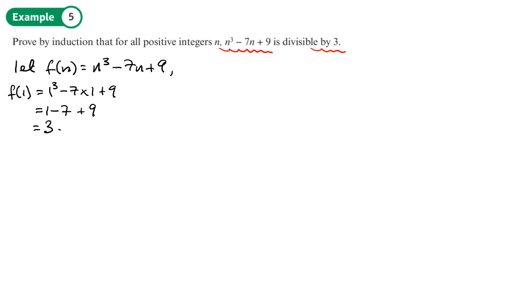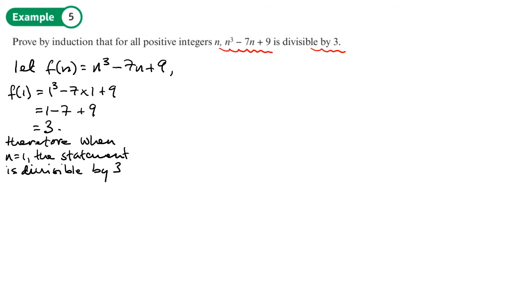So then we can say, therefore, when n is 1, the statement is divisible by 3.